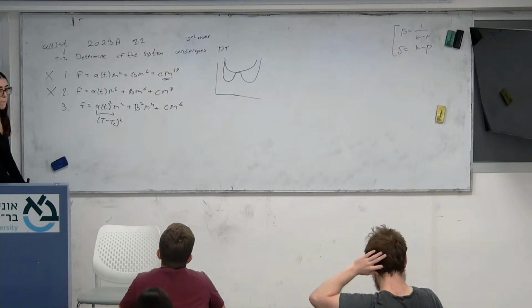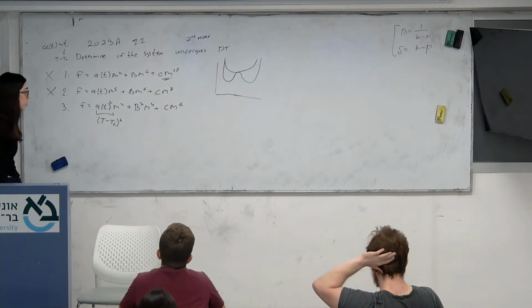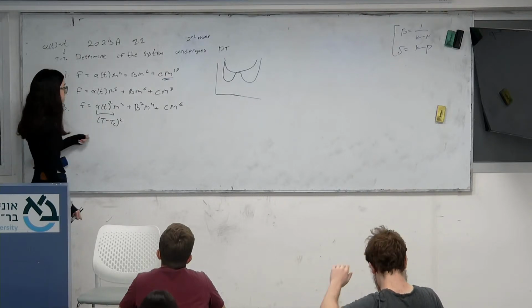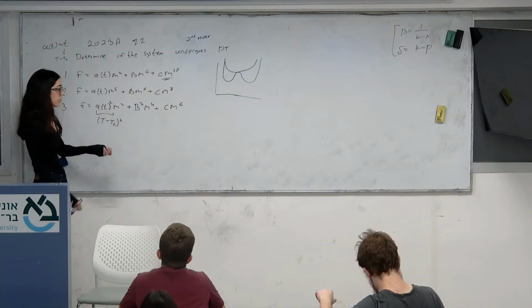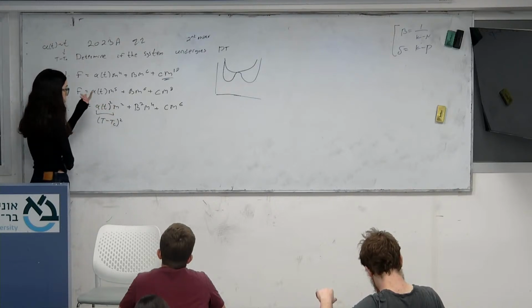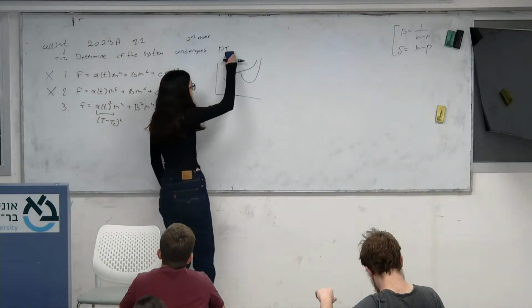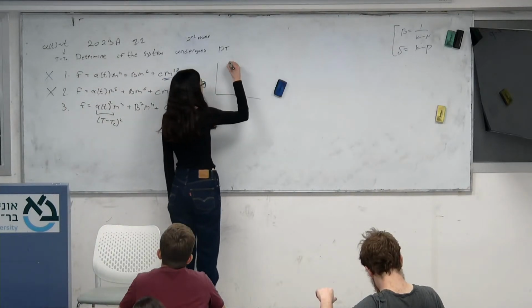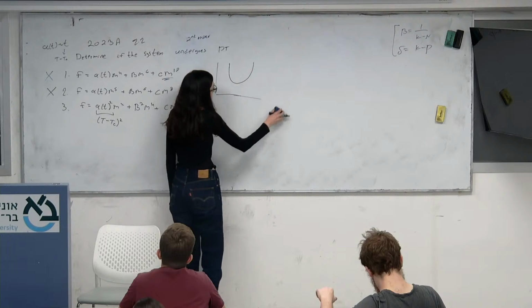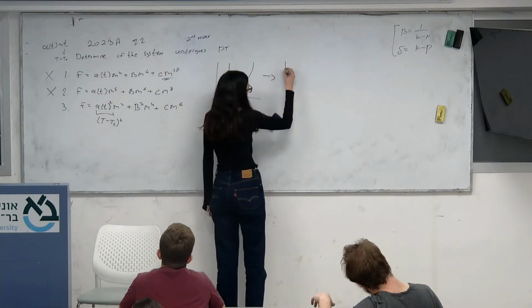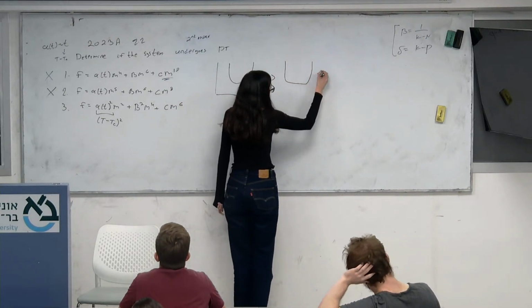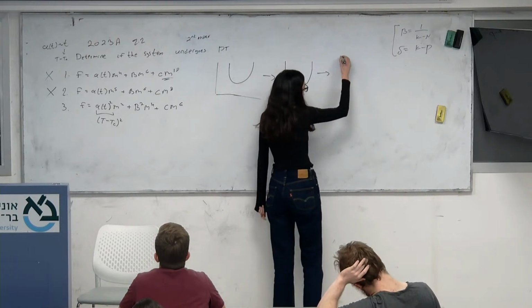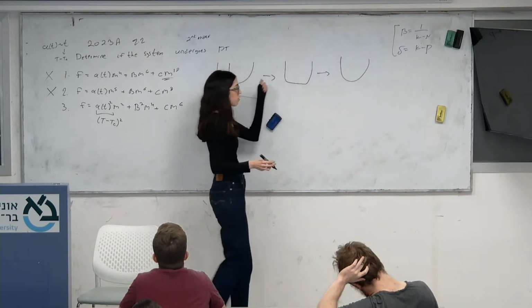So if we go below or above the critical temperature, the system is not going to change. If I look at that, I have something that starts like that, then at the critical temperature it's going to be like that, and then above the critical temperature it's going to go back to this.